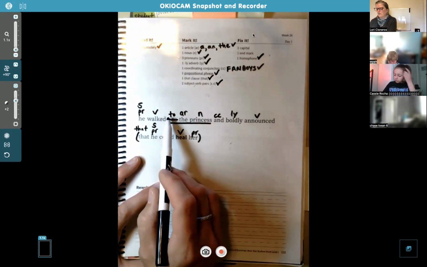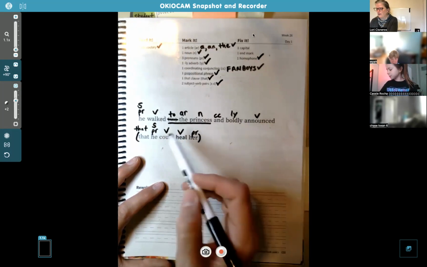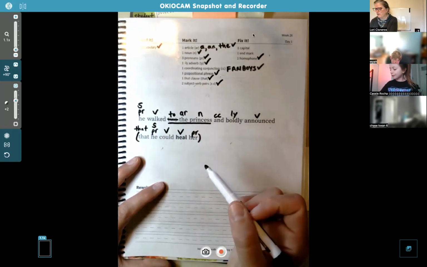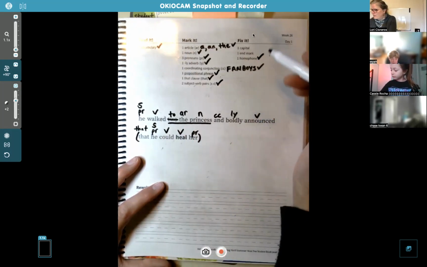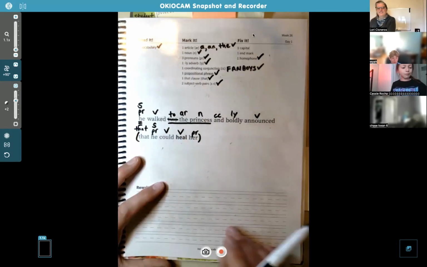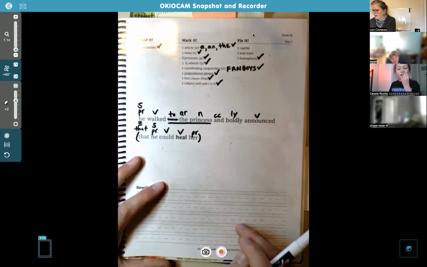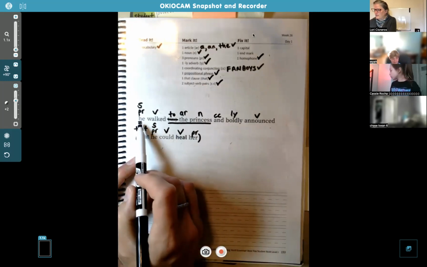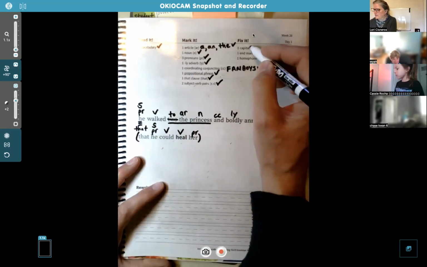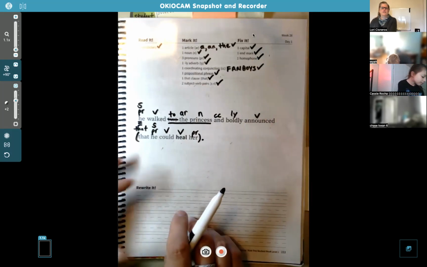But yeah, that's the only word that didn't have a verb or a pronoun or CC or LY, any of those labels. So that's how you tell. It did actually have something on it. Well, a 2. Yeah, I guess we did fix it, but still it's not a label. The capital is he here at the beginning, and then the end mark is a period. So those are easy peasy cheesy.